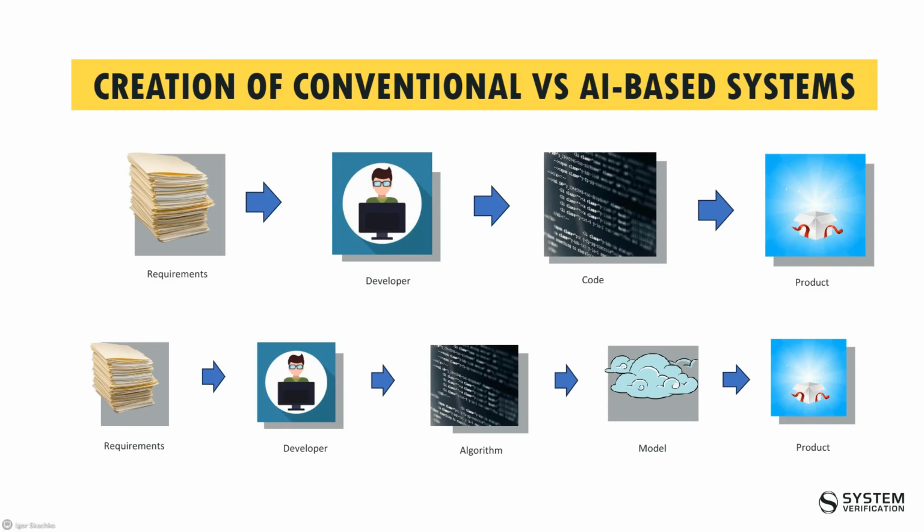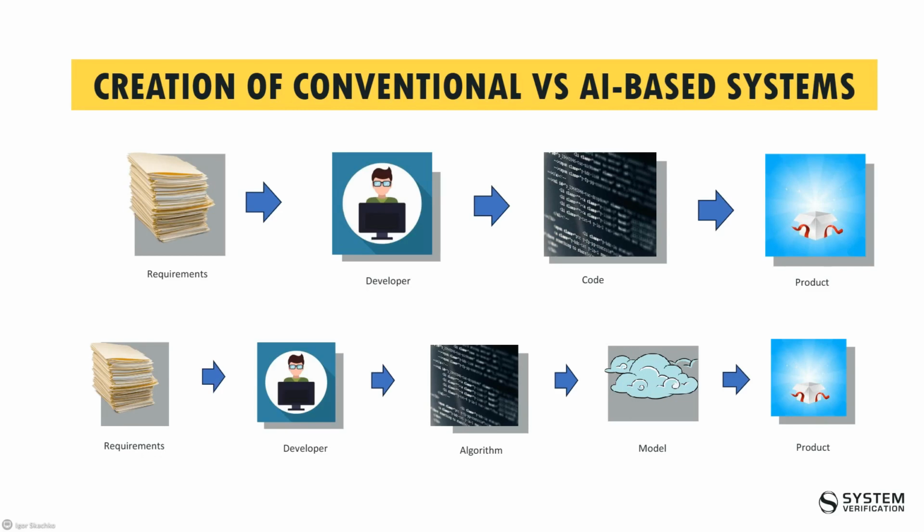It is just covered with some pretty stuff and a way to interact with it, and that is what we call a product. So the main takeaway from here is that this is a more complex way of producing software, and the developer isn't really responsible for the end product. He is in some way, but the algorithm is what directly affects the model.